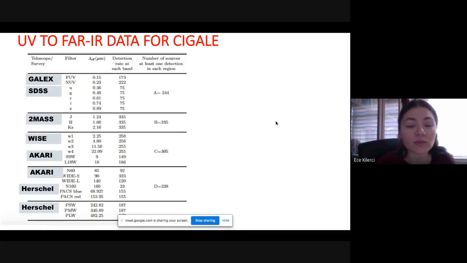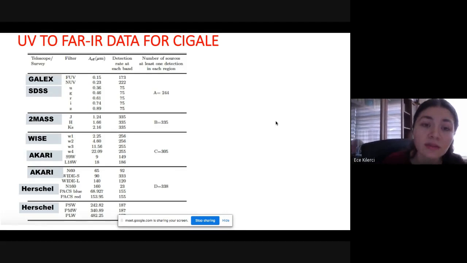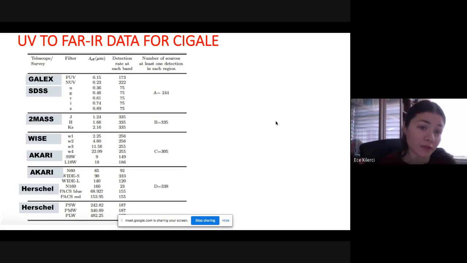Then to study the spectral energy distributions, we collected data from UV to far infrared. We used GALEX, SDSS, 2MASS, WISE, Akari, and Herschel. Akari data is the main data that we would like to have, because the dust SED has a peak around 100 micron.